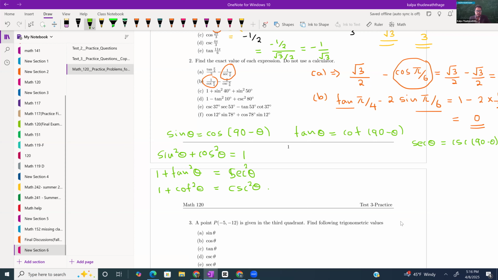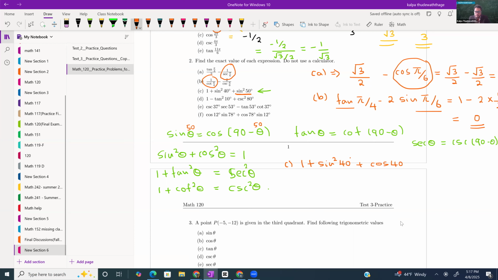Okay, so I'm going to use these 3 Pythagorean identities, including the cofunction concept, to answer. Part C says 1 plus sine square 40, and I keep this one. Sine square 40 I keep. Instead of sine 50, I can use cosine 40, because 50 is 90 minus 40.